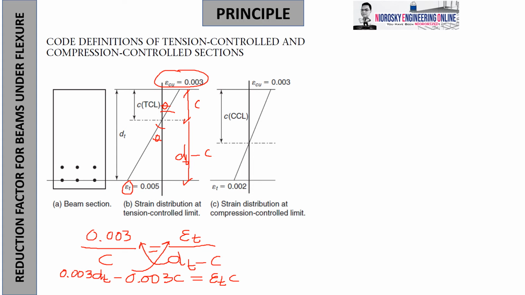So, what happens is, I put this here. Okay, it can be like that. So, that would become c is equal to 0.003 over, of course, we will divide later, e sub t plus 0.003. Yes, 0.003, because that is the strain of concrete. Okay? Times d sub t.